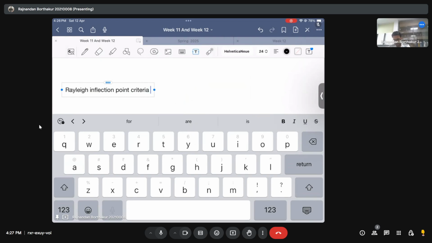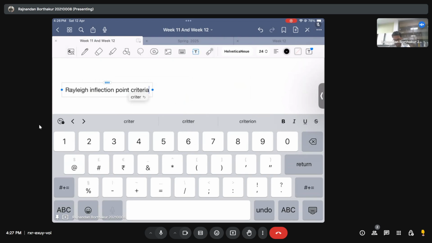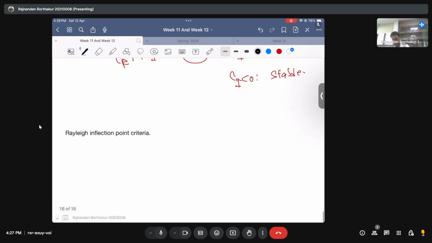And the Rayleigh inflection point criteria, what it says is, so I'll write down the goal.